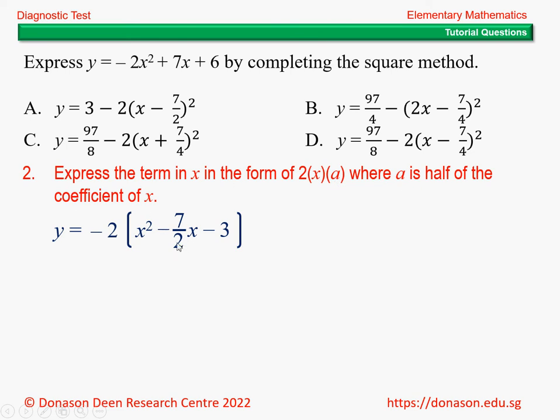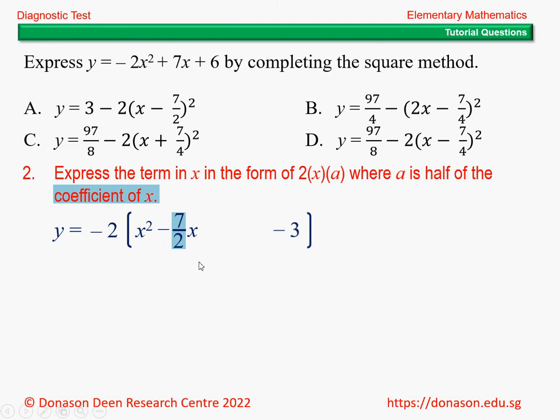Right now the coefficient of x is 7 over 2, so if we take half of 7 over 2, it's going to become 7 over 4. So we're going to change that 7 over 2 now. So half of the coefficient of x, 7 over 2's half of it, is going to become of course 7 over 4. But we need to put a 2 in front.